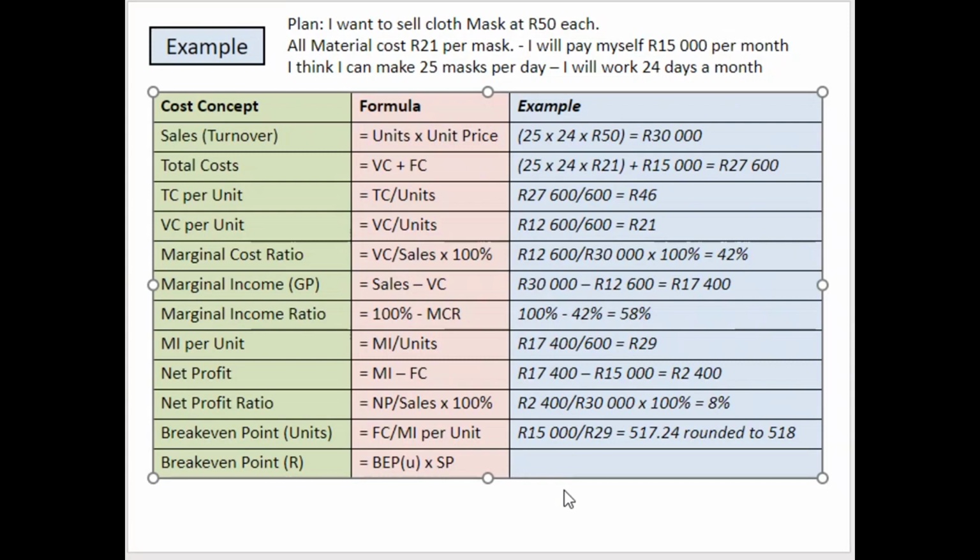And then it is 518 multiplied by the 50 Rand. To do that, 518 times 50 equals 25,900. Okay, good. And that's the answer.